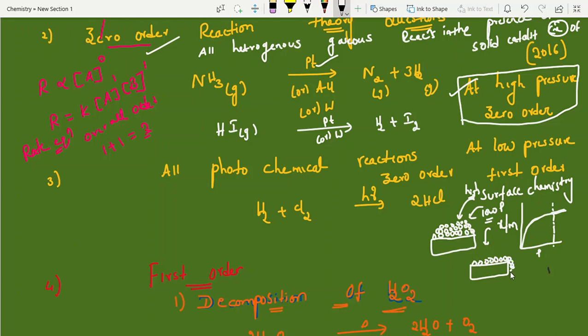Chemisorption forms a monolayer. The entire surface is occupied by the particles. Then further, even if you send high pressure, there is no further adsorption. That's why in the high pressure region, if you increase pressure also, there is no adsorption. Is it clear? Simple one point I am telling.